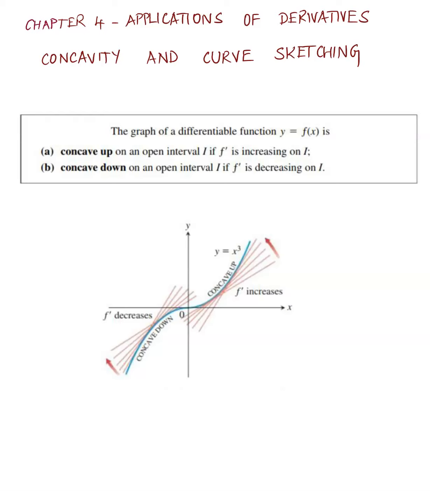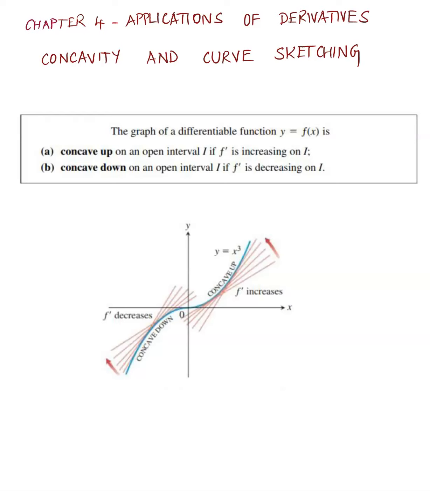Okay. As you can see in this graph, which illustrates this idea of concavity, y equals x cubed is a cubic function, and the blue graph depicts that function. The portion of the function that appears in the first quadrant is concave up, because f prime is the slope at every point on the graph.